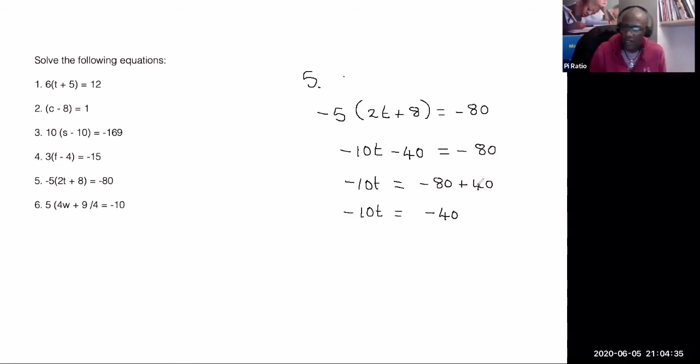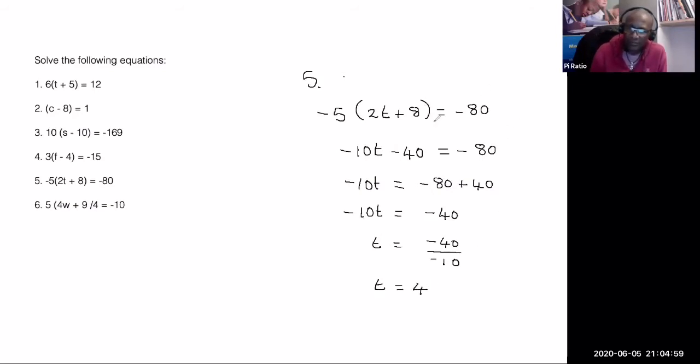You've got minus 80 plus 40 will give you minus 40. All right? So your next line is going to read t is equal to minus 40 divided by minus 10. Therefore, t will be equal to 4.